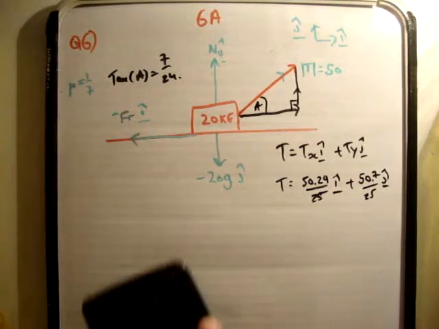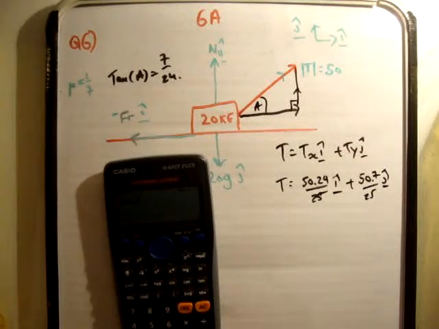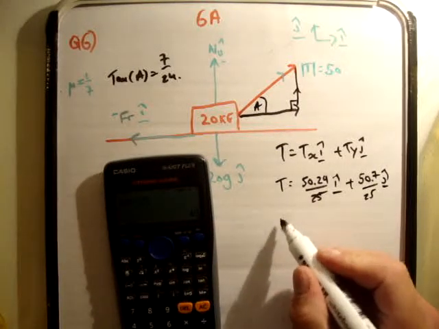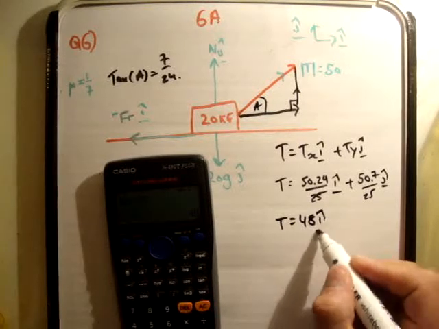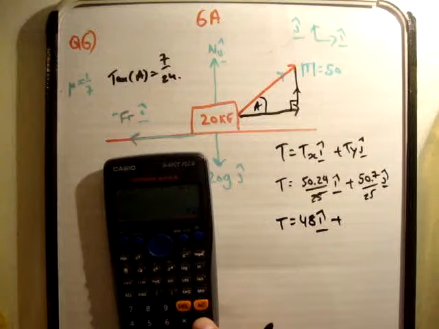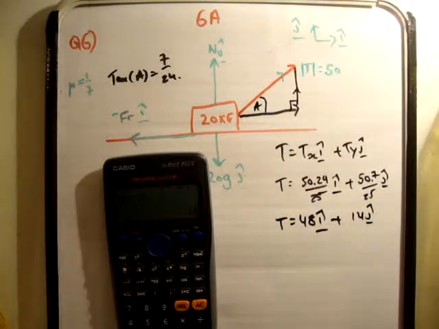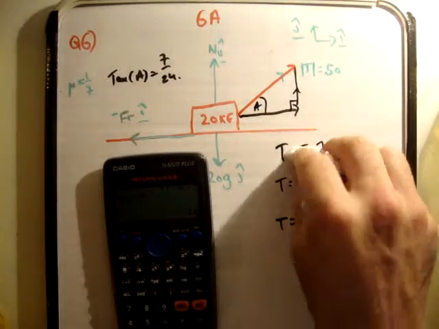So let's just find out what those are. 50 multiplied by 24 divided by 25 gives an answer of 48 i hat plus 50 multiplied by 7 divided by 25 giving 14 j hat. Alright, so that's pretty straightforward stuff.